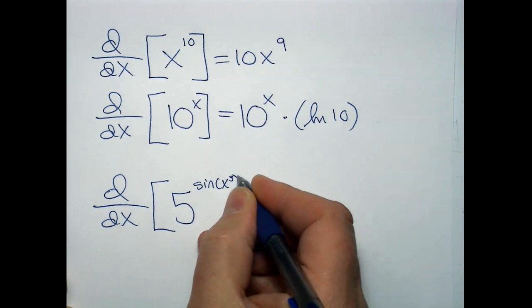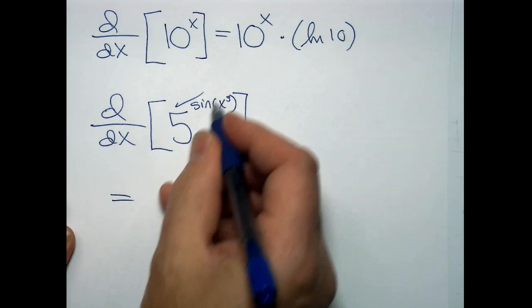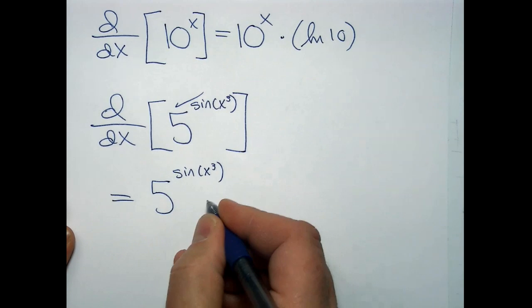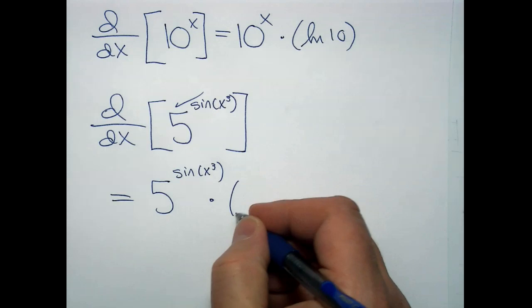Let's do the sine of x cubed. Isn't it nice to know that the derivative of an exponential just is itself? So where does the correction factor go? The correction factor goes right where you just put your derivative. In this case, right next to it.